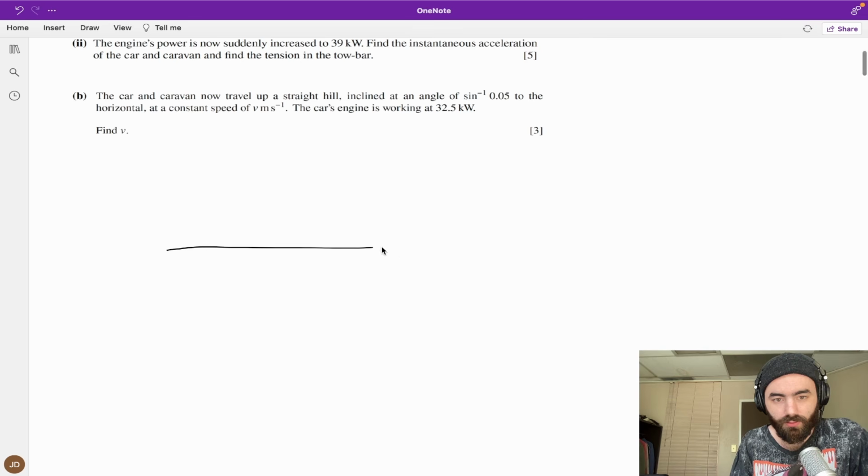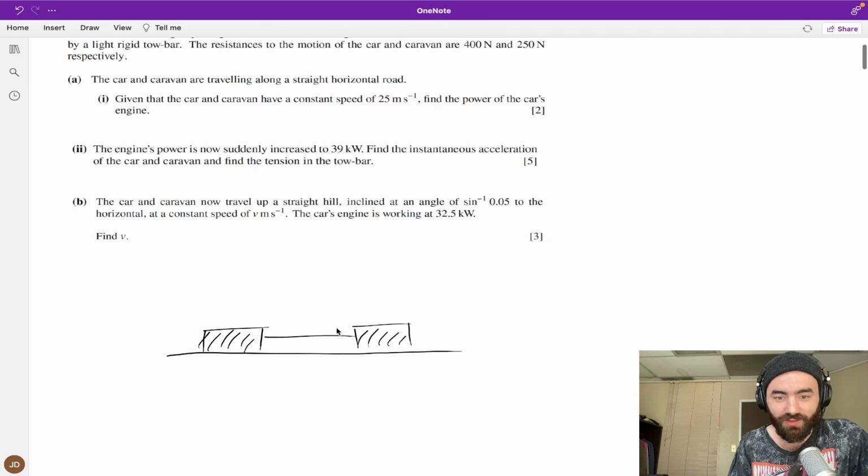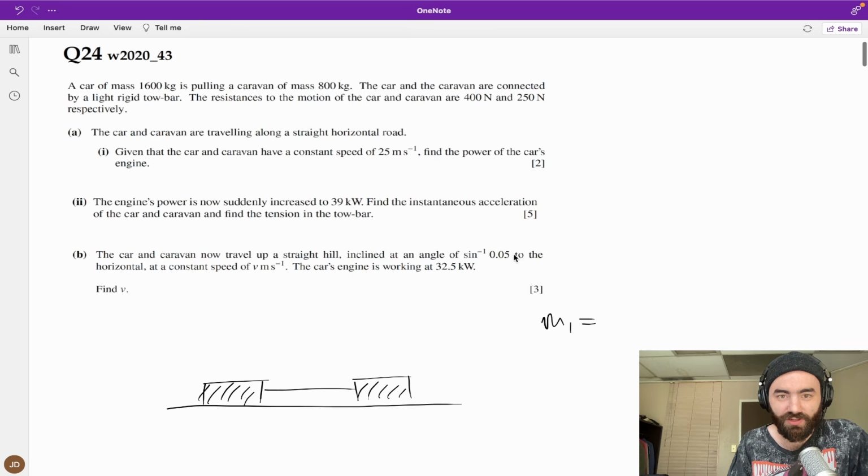Remember, you can just use boxes for everything here. Boxes are perfect for everything. Okay, so this is our car. Let's call this M1. I'm just going to define these things.